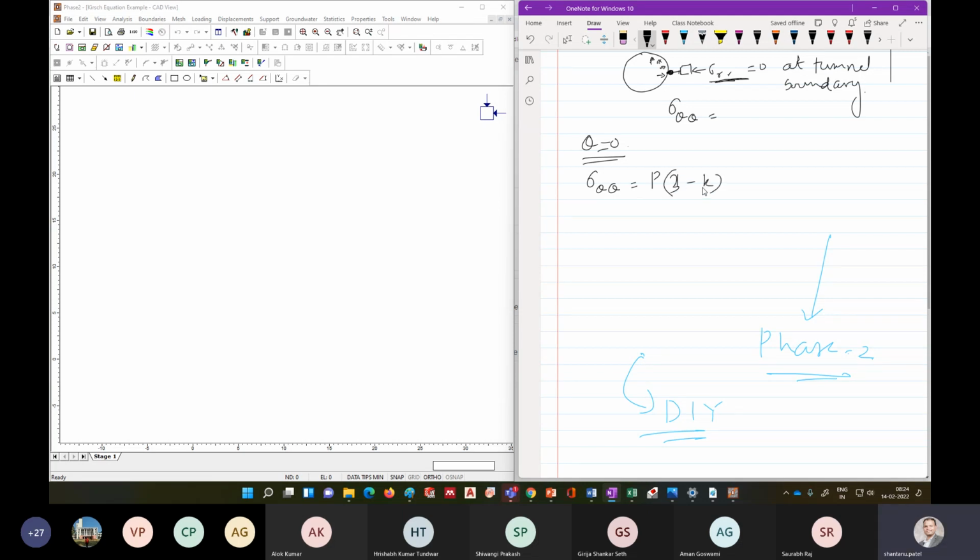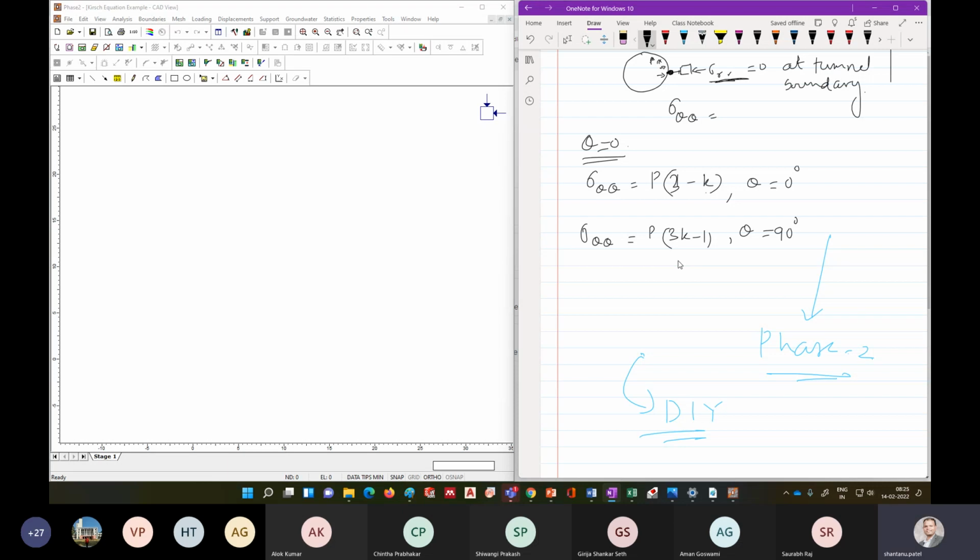And at theta equal to 90 degrees, this becomes how much? Has anybody solved it? Sir, P into (3K minus 1). Yes, P into (3K minus 1).